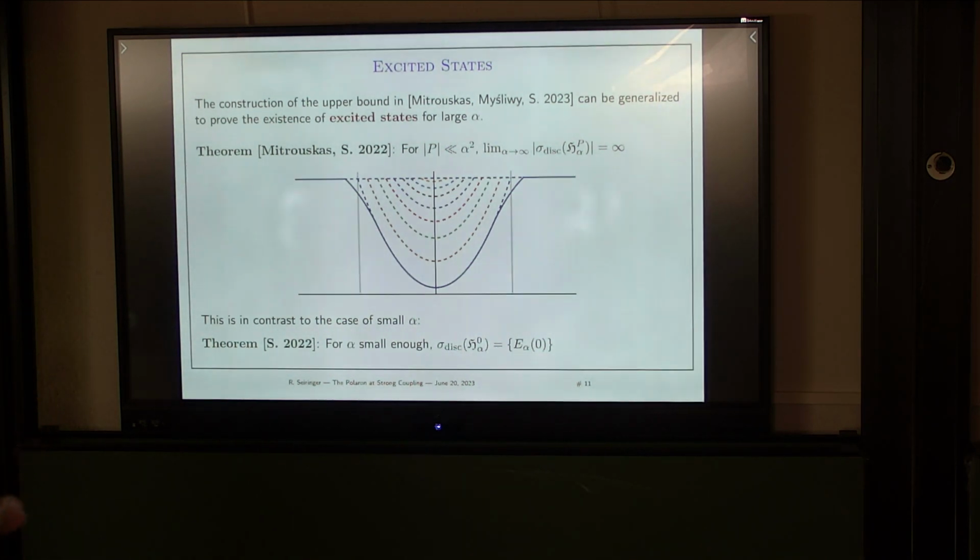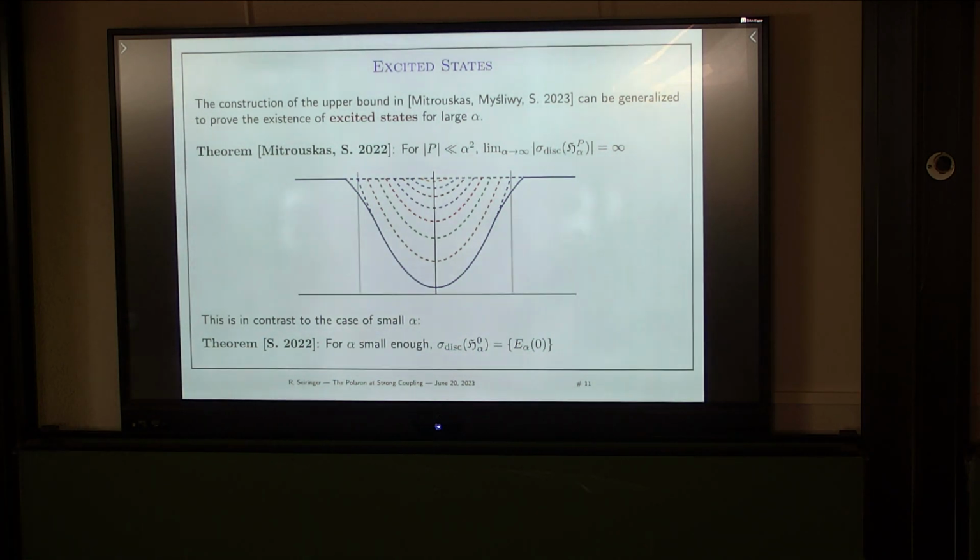So this is actually sketched in this picture. Basically what happens for large alpha is that you don't just have this one curve that goes below the essential spectrum, the ground state branch, but actually additional branches will appear here. Maybe you can imagine that for large alpha they sort of come out of the continuum, there will be additional branches. And in fact, what we can prove, and that follows from our upper bound construction, is that there will be lots of them.